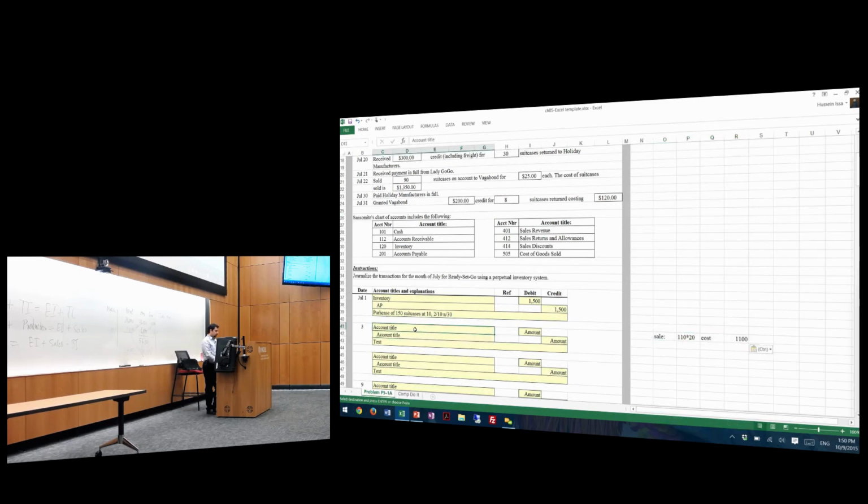Sales. The company made a sale. So what do we credit? Sales revenue. We know that we are going to credit sales revenue. What do we debit? Did the company receive cash? Then it's accounts receivable. The amount is how much?